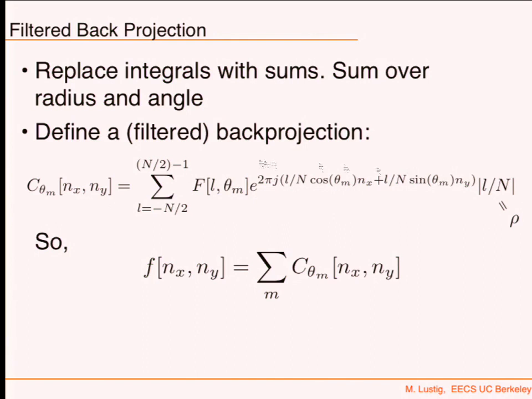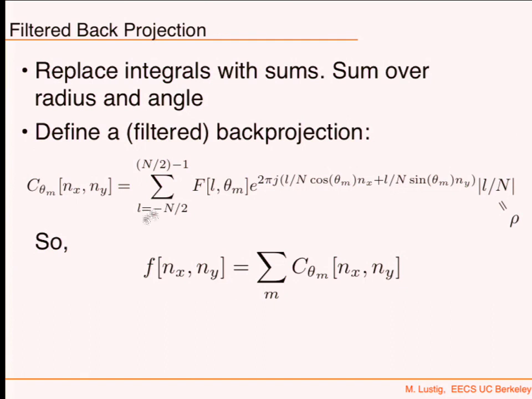And then I'm going to sum over L, and in this case I'm just going to define what's called a back projection. And the back projection, pay attention, doesn't sum over thetas. It only sums over the L's, just over the radius.